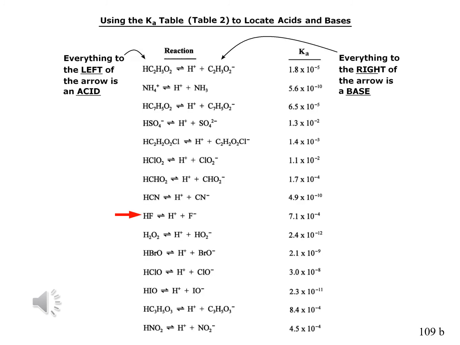I'm pointing to HF because it's an acid, and everything on the left of the arrows in the Ka table is an acid. If you remove the H, you get F-, which is the conjugate base. So that means that in this Ka table, everything on the left of the arrows is an acid, and everything on the right is the conjugate base.